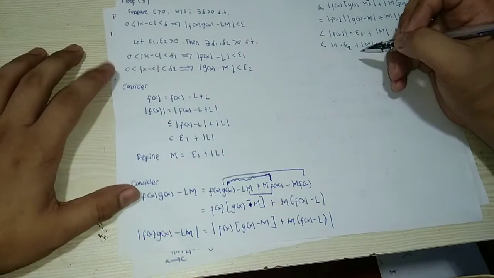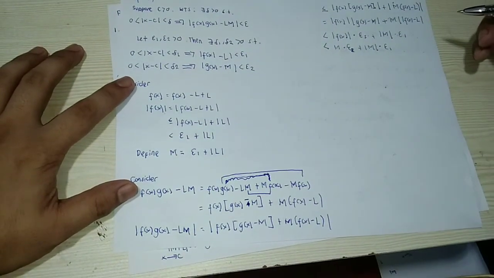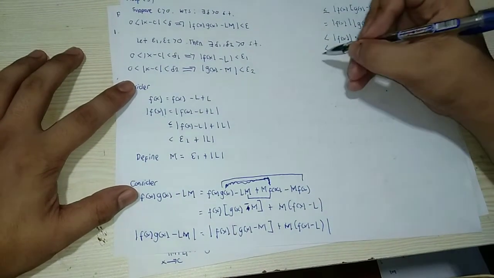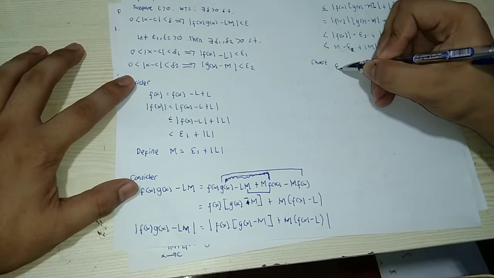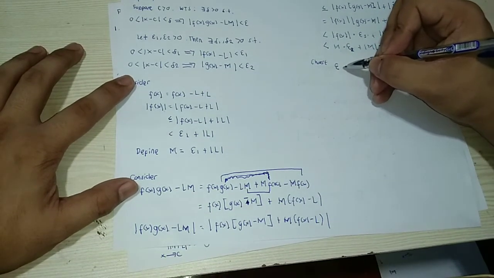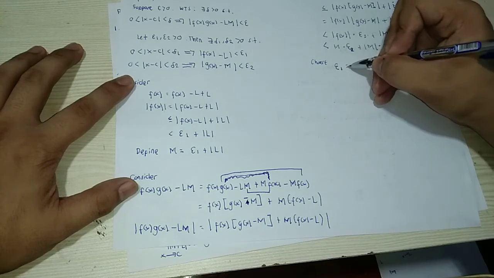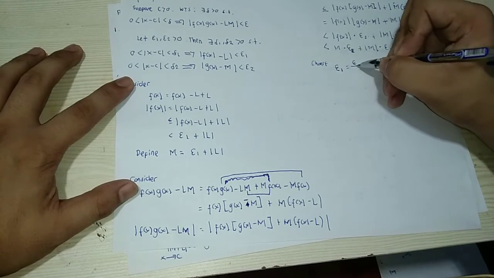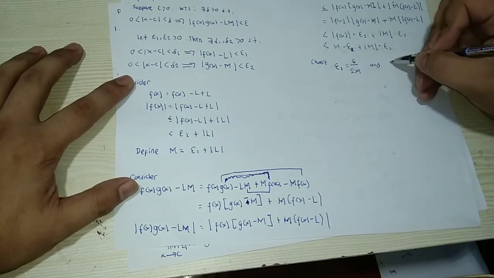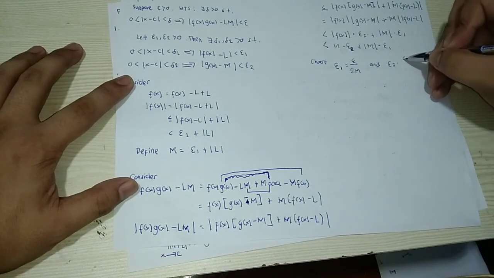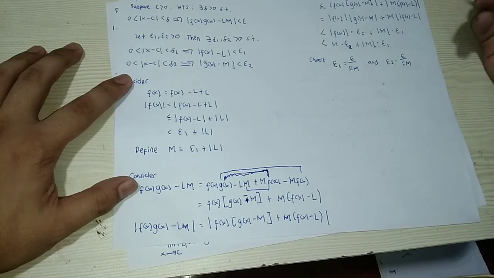Then next, let's now choose epsilon, since epsilon is arbitrary. So, let's now choose epsilon sub 1 is equal to epsilon over 2m, and epsilon sub 2 is equal to epsilon over 2m din.